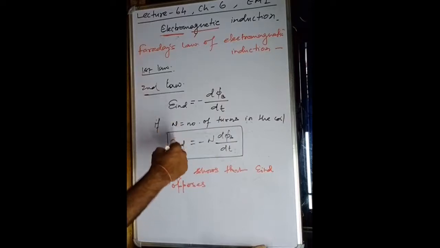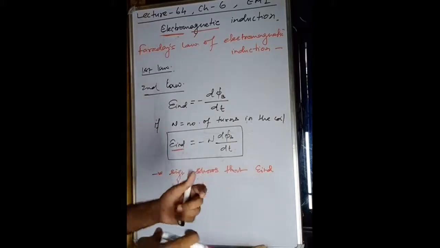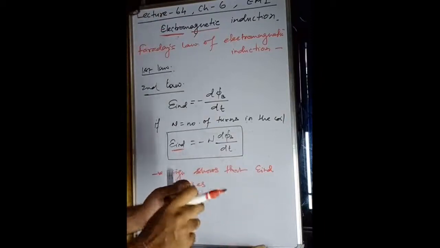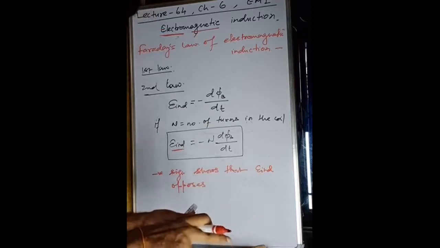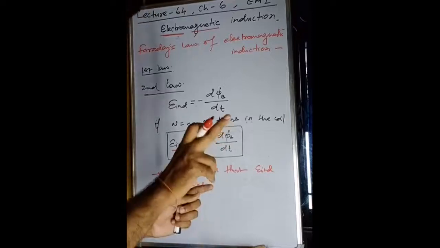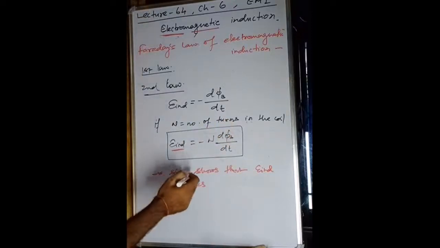The EMF induced in the coil will result in an electric current in the coil, and if current is induced in the coil, then that current will also produce some magnetic field. Of course, the original one is produced by the change in magnetic flux. But if current is induced in this coil, then this current will also produce a magnetic field. Exactly. So this negative sign we will study.